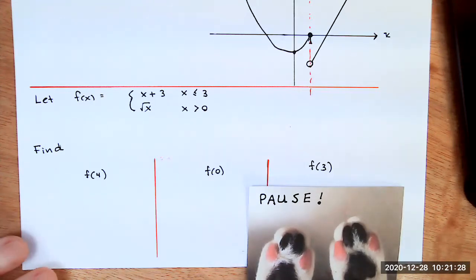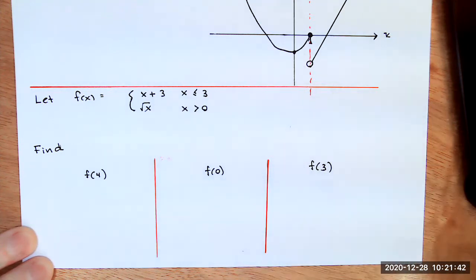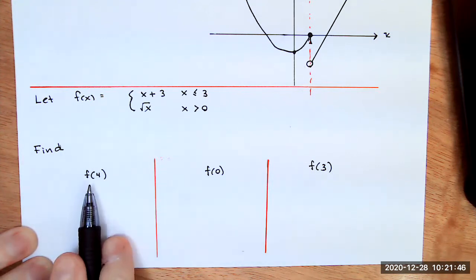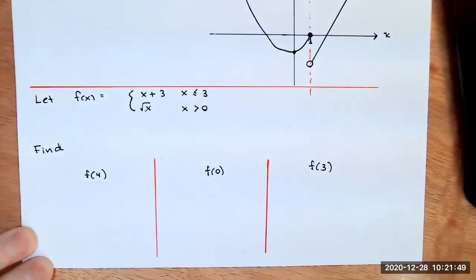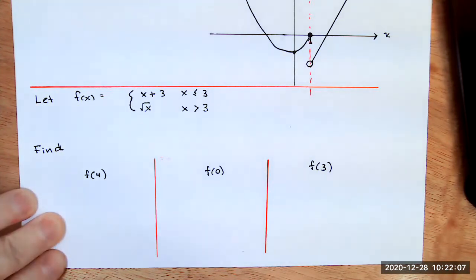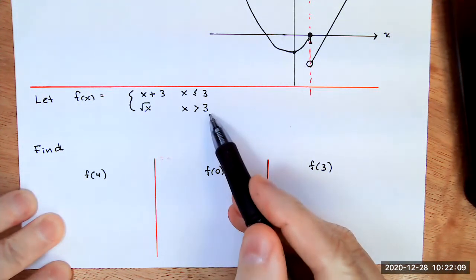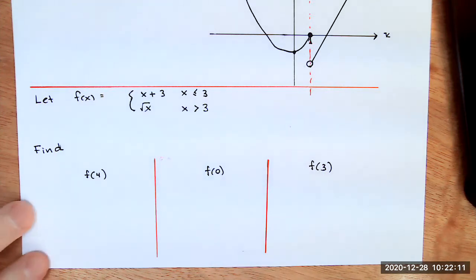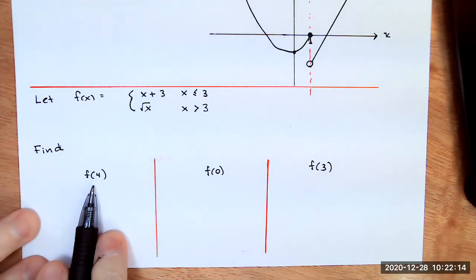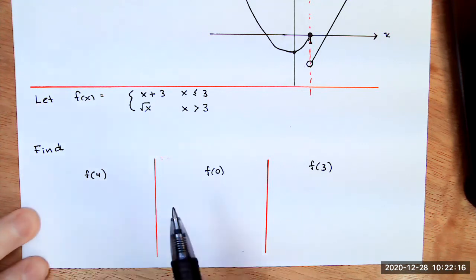All right, and even if you're not going to draw the graph, you should be able to evaluate a piecewise defined function for different values of x. So you could give this one a try. If you want to find f of 4, first you have to decide which part of the domain 4 is in.